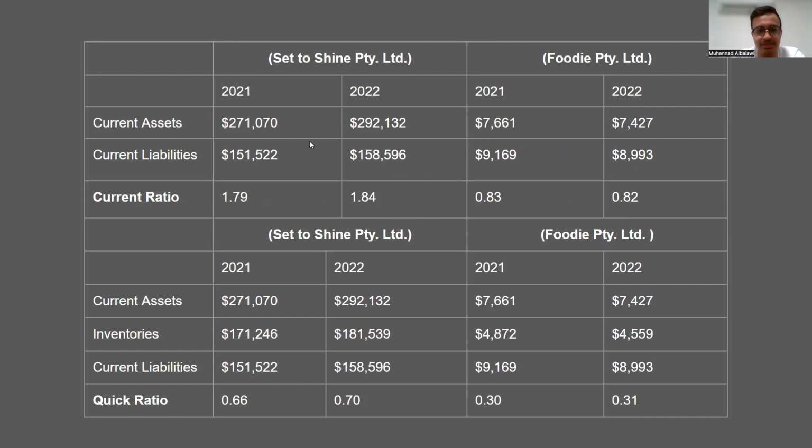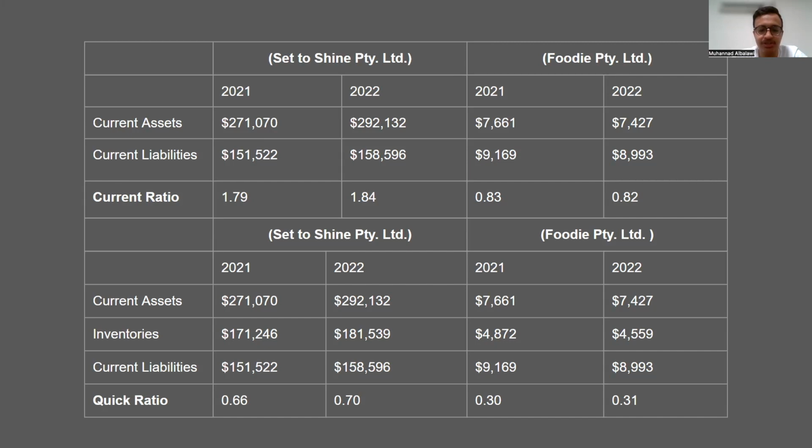Set to Shine Pty Limited is expected to have a suitable and balanced financial position with a good level of liquidity, as indicated by the current and the quick ratio. For BTY, it shows a decline in liquidity and financial balance, reflected in the shrinking current ratio and low quick ratio.